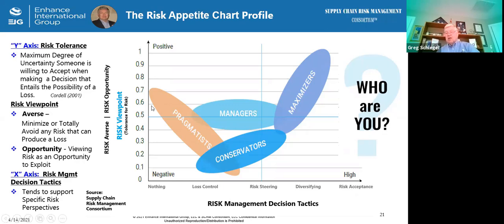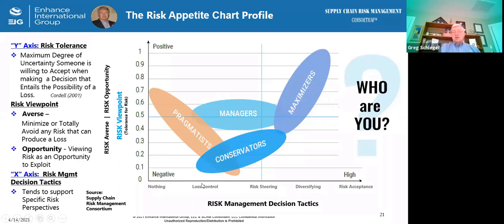And then finally on the X-axis, we have risk management decision tactics. These are the tactics that tend to support the specific risk perspectives that you see in the graph. They are, from left to right: we do nothing, meaning when a risk comes, we react.